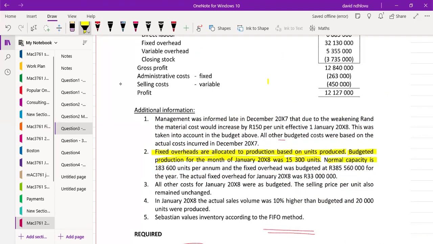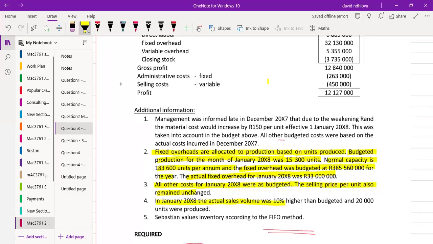Normal capacity is 183 units per annum, and the fixed overheads are budgeted at that for the year. The actual fixed overheads for January were that much. All other costs for January were budgeted. Then the selling price per unit also remained unchanged. In January, the actual sales volume was that.